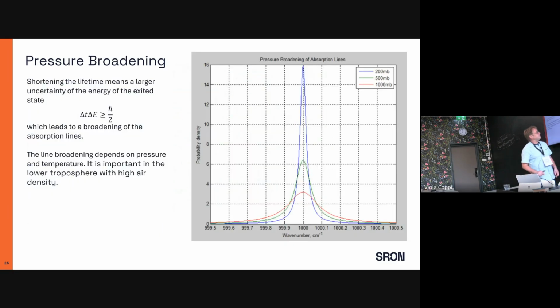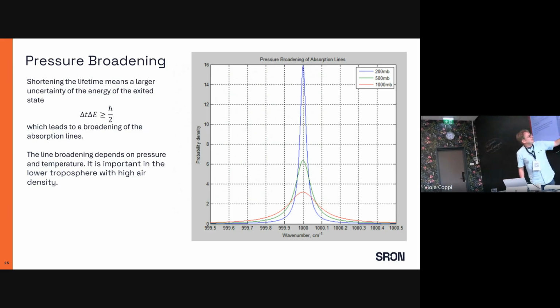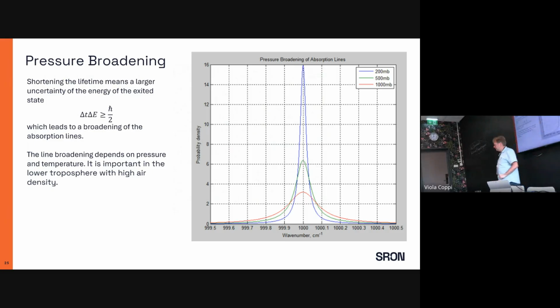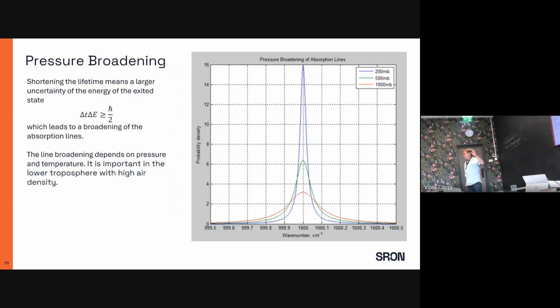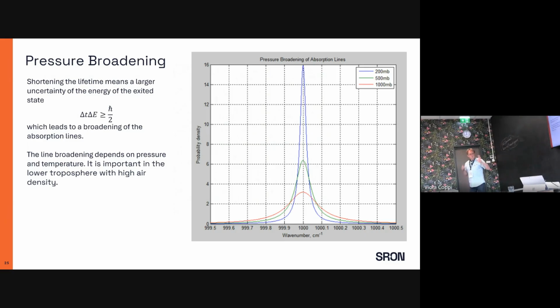The next one. Oh yeah, here you see an example of a line. I think, I'm not sure, I think it's also a CO2 line somewhere in the spectrum. And you see the different pressure levels. So at 200 millibar, 200 hectopascal, which is about at 12 kilometer, density of air is low, the line is pretty narrow. Right? That's the blue one.